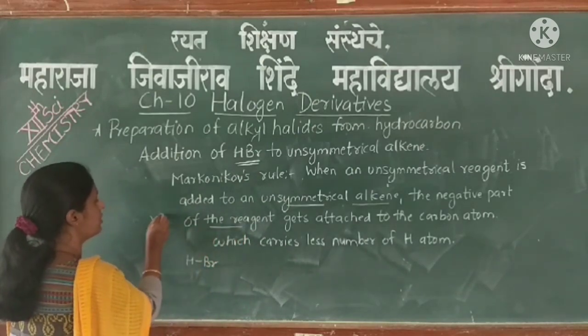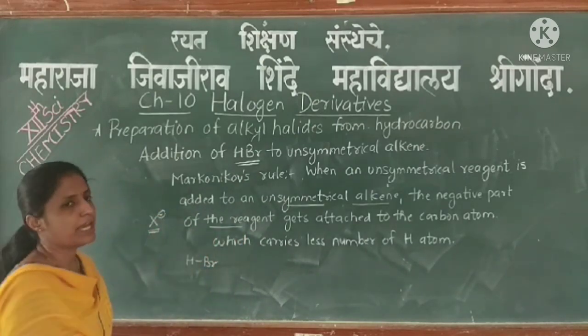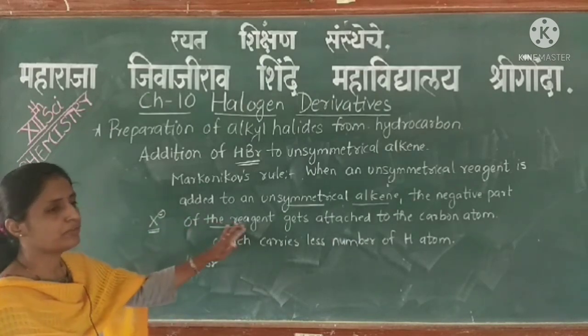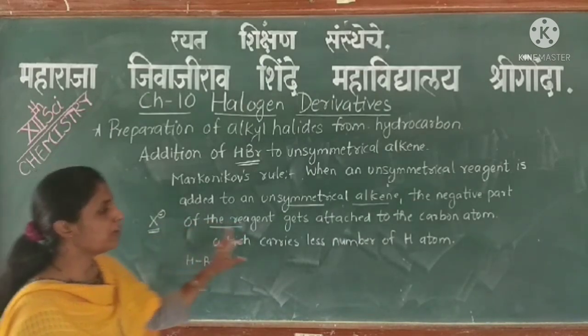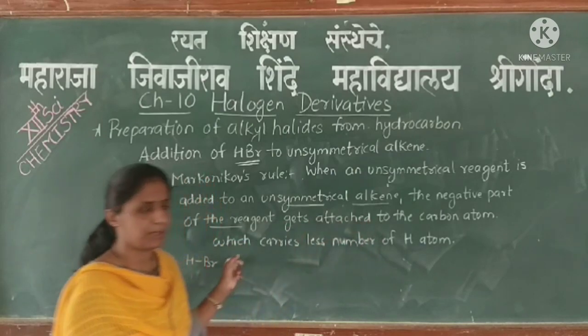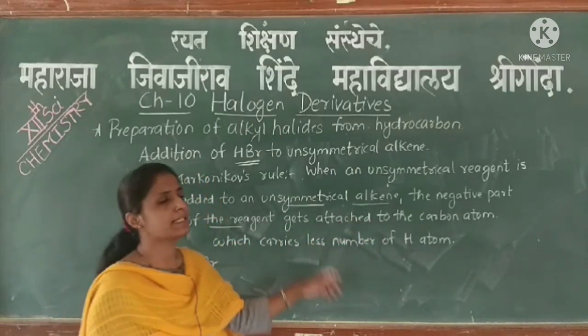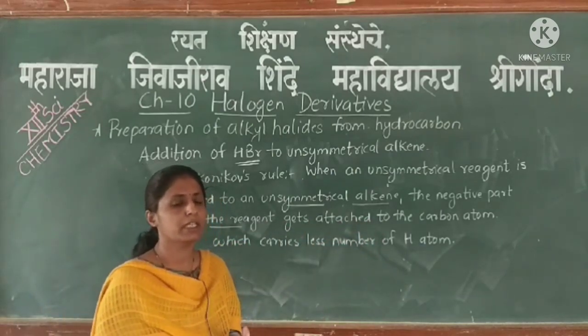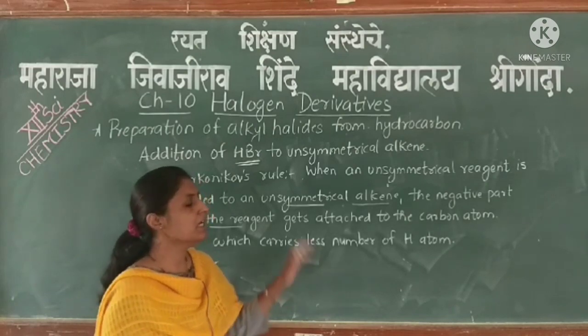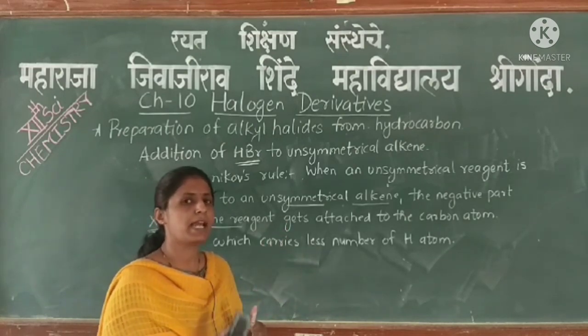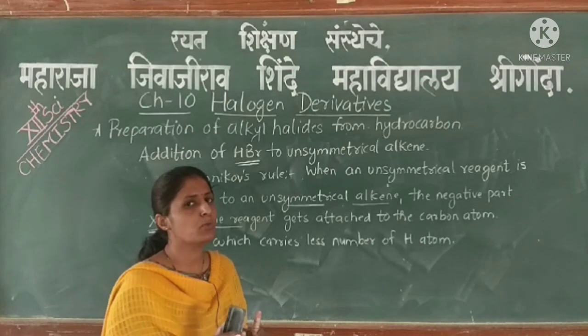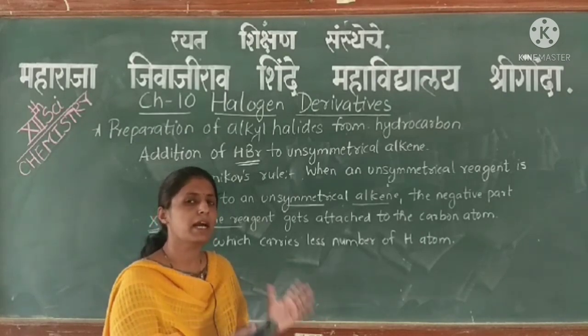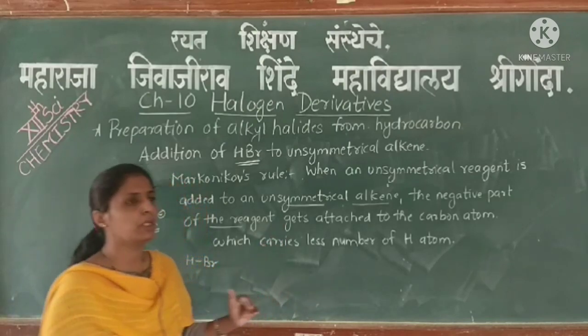It is the halogen. So the halogen gets attached to that carbon atom which carries less number of hydrogen atoms, or in other words, the halogen atom gets attached to that carbon which is more substituted. More substituted means what? Hydrogen is replaced by another group. So in both ways you can say it.